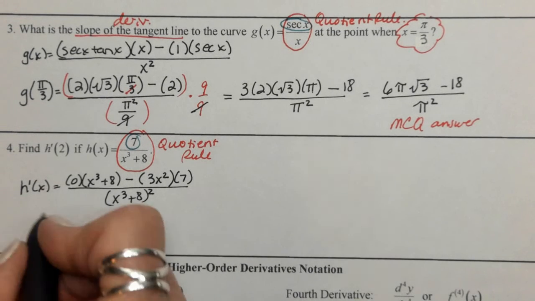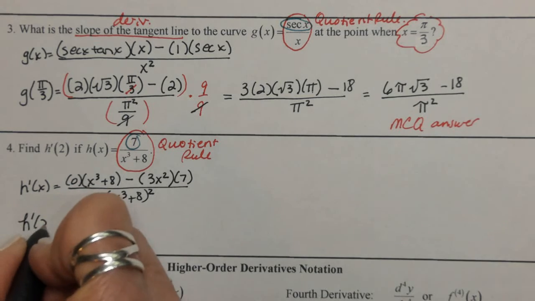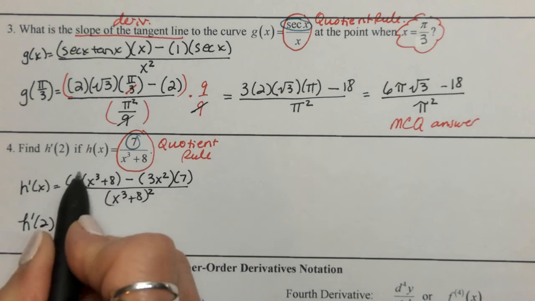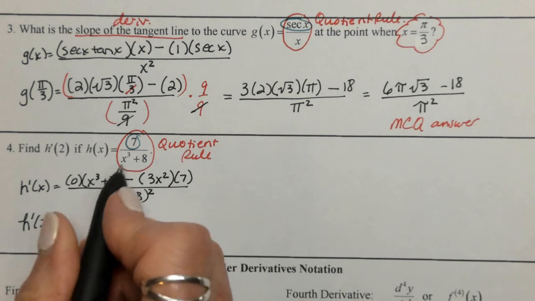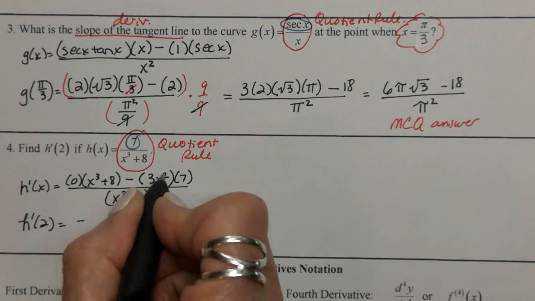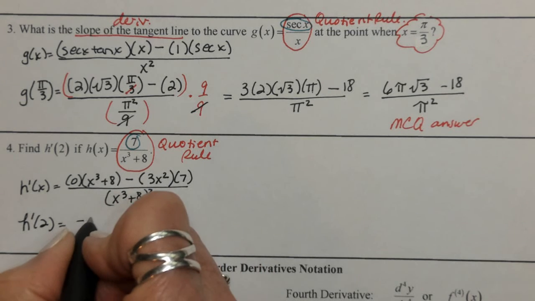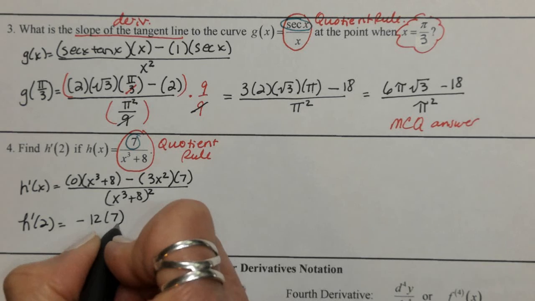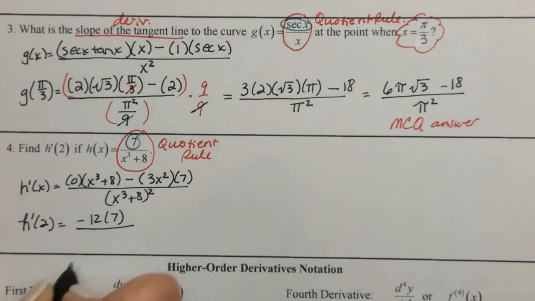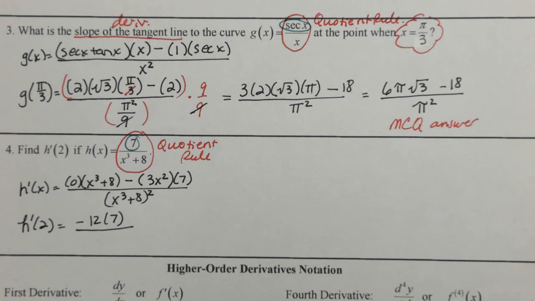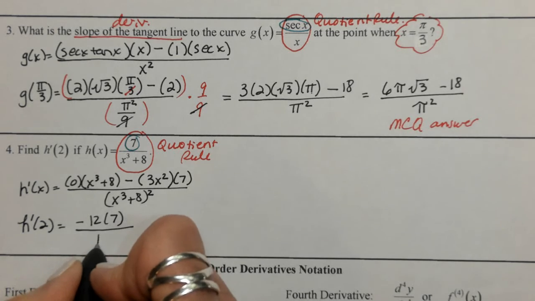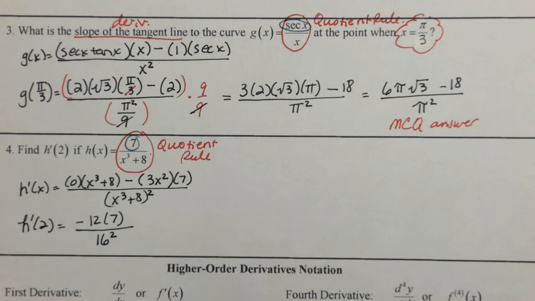Okay? Now I will plug in 2 for x. This piece is gone, it's just a 0. So I have a negative 3 times 4 is 12 times 7 divided by 2 cubed is 8 plus 8 is 16 squared.